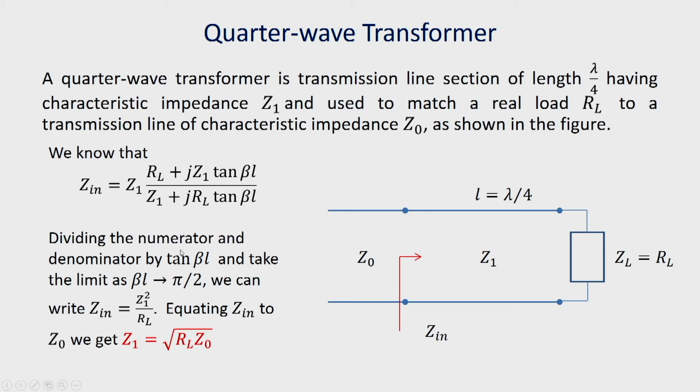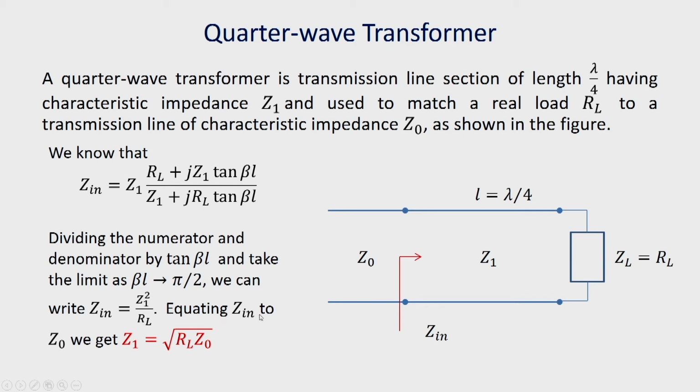Now, we can divide numerator and denominator by tan beta L, and we see that when L becomes lambda by 4, beta L tends to pi by 2, and therefore, we are left with Z1 into jZ1 divided by jRL, that means Z1 square by RL.